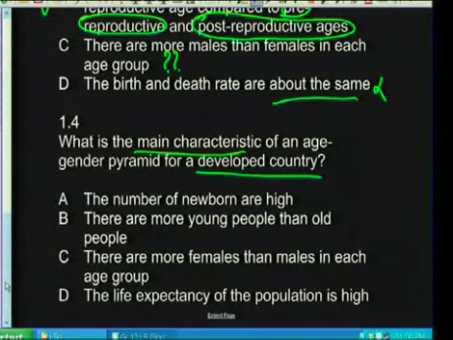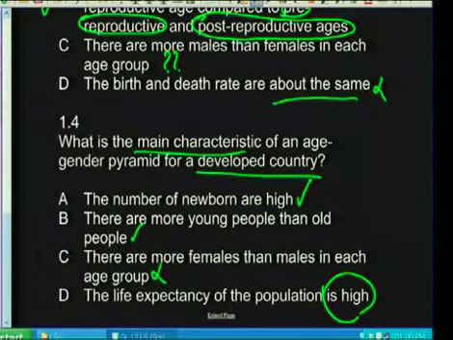So A, the number of newborns is high. That's correct. There are more young people than old people. That's correct. There are more females than males in an age group. That's not correct. The life expectancy of the population is high.